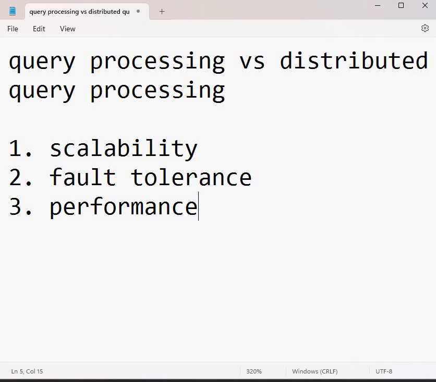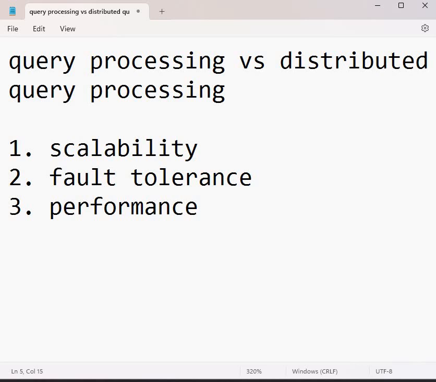It specifically depends on the use case, but usually distributed query processing will have good performance, again because there are many servers, right? Because of fault tolerance. But again, sometimes if data can easily be fetched from a single server, simple query processing will be the best, right? So it really depends on the specific use case.